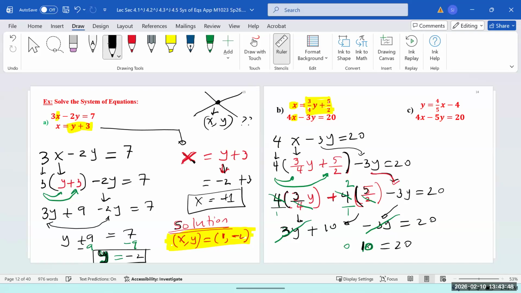Are 10 and 20 the same number? No, so this is false. It's not true. So for false, what do you think the solution type is? Infinite or none? No solution.